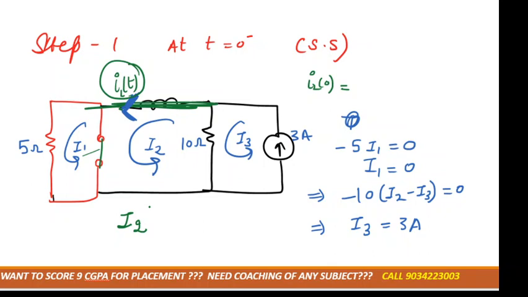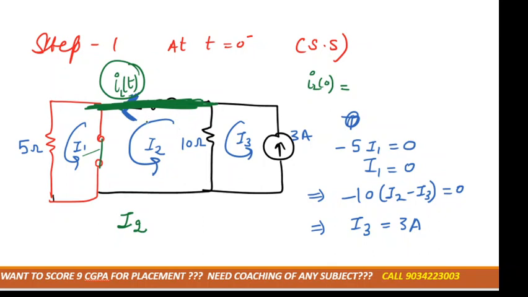No, no. This time inductor is in the corner wall, right? And in the corner wall there is a flow of single current or double current. So inductor current would be equal to, it is in which room? Inductor is in which room? In the room of I1, in the room of I2, or in the room of I3?